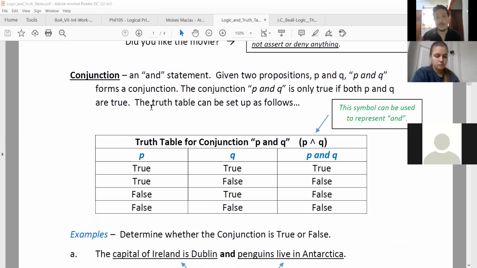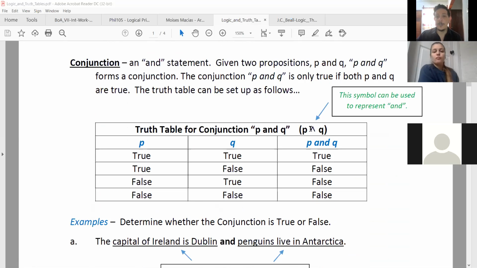And then part of what the author of this handout does very quickly is give what are called the truth tables for the basic logical connectives.